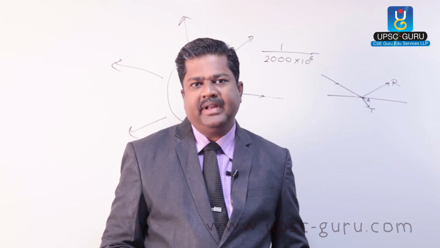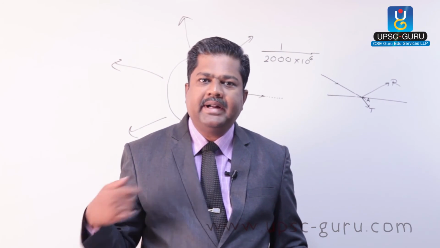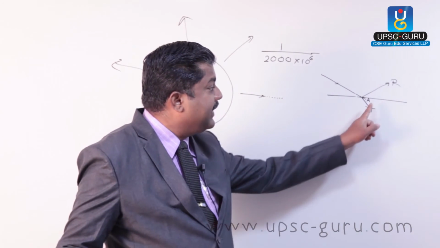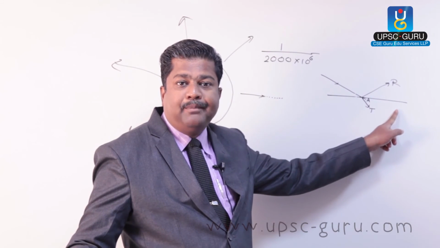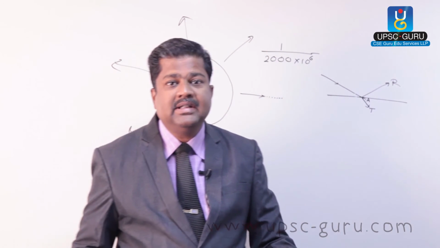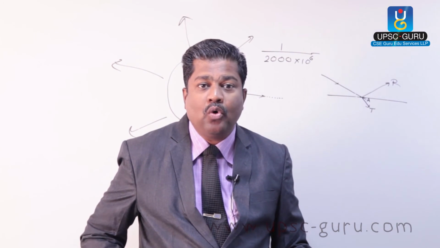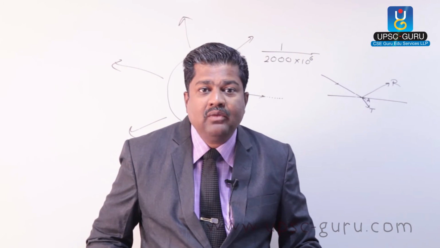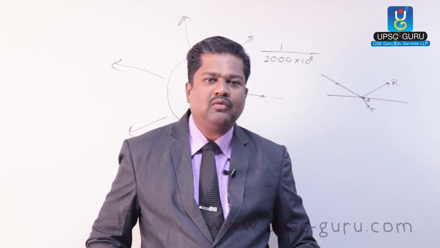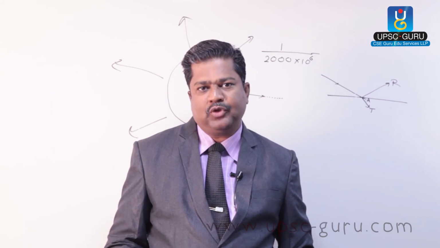Every layer is dense and absorbing light, so ultimately whatever is transmitted is also absorbed. So I should say that maximum radiations are absorbed and very few radiations are reflected back. As a result, the heating effect of rock is much greater than water, because water reflects more, whereas here the maximum light is absorbed.